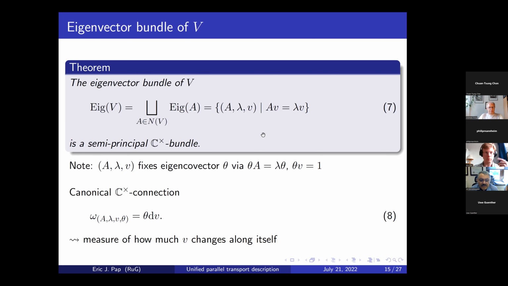And that's the technical thing that if you want to lift a path, then if you lift first to the covering space, you will not get a loop. So you do not get holonomy when you go around the principal bundle. So you want to go in one go. And for that, you just need a semi-principal bundle. That's the only way to do the phases and the swaps simultaneously. Otherwise, you're breaking up into first the swaps and then the phases.